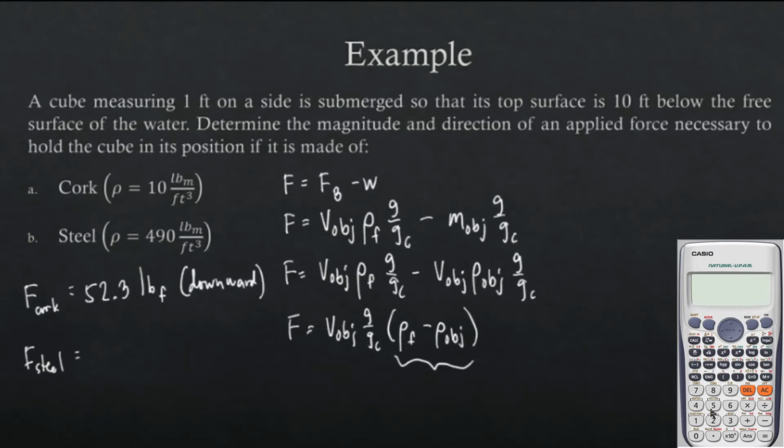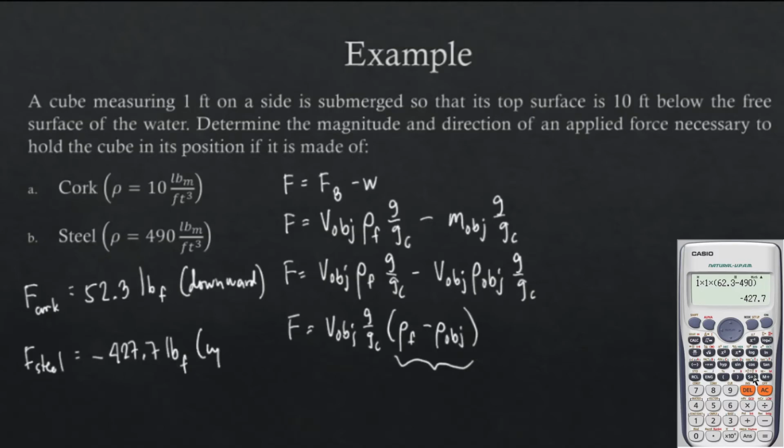For steel, we do the same. That is, the volume of the object is 1 cubic foot times g over gc, which is 1 pound force per pound mass, multiplied by the difference in densities of the fluid and of the object. That is 62.3 for water minus 490 for steel. We have a force of negative 427.7 pounds force.